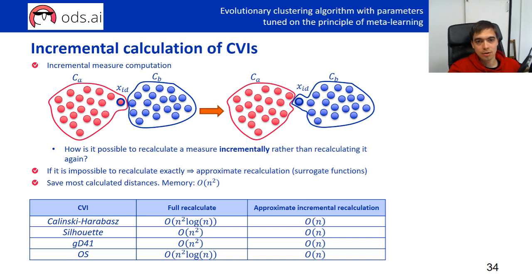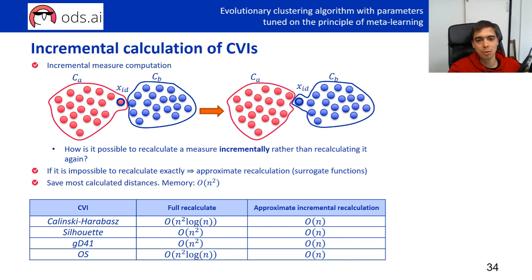Since not for all the measures there is a possibility of a precise incremental recalculation in a time less than a full recalculation, we'll further use special surrogate fitness functions when it's impossible to do precisely.